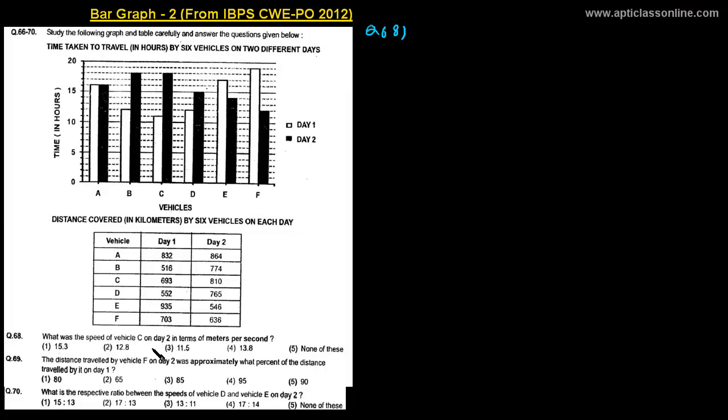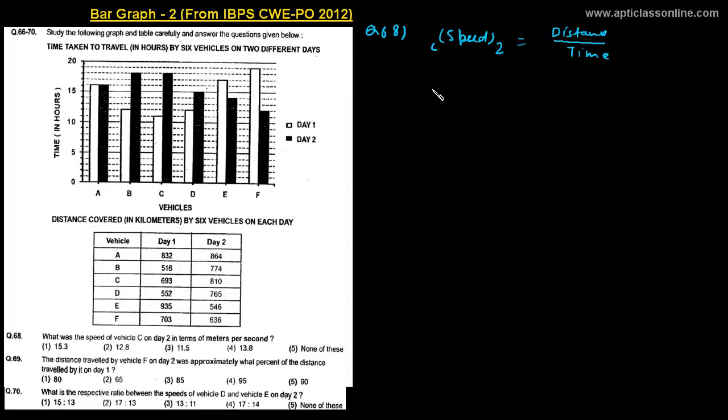What was the speed of vehicle C on day 2 in terms of meter per second? It's a very simple question. So we have to find the speed of vehicle C on day 2 in meter per second. Speed is equal to distance over time, because distance and time are given by two different graphs.